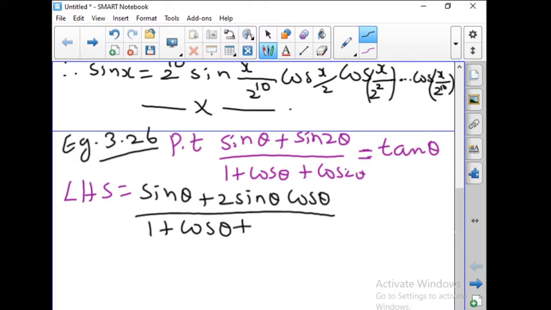cos 2 theta can be written as 2 cos square theta minus 1, by using the power reducing identity. So plus 1 minus 1 will cancel.